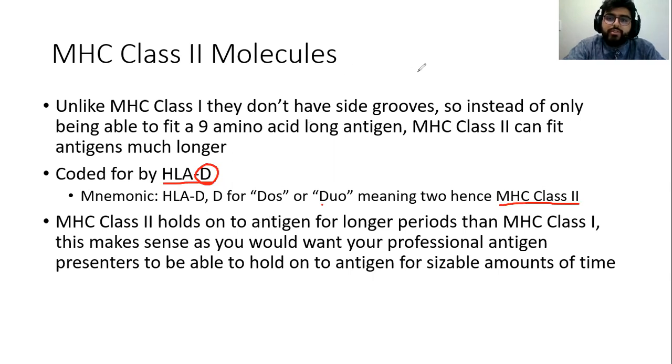And so how do you make structural sense of this? Why is it this way? You have to keep in mind that MHC Class 2 is what the professional antigen presenting cells have. So what does it even mean to be professional antigen presenting? It must mean that you must be pretty good at what you do. And so you can imagine if it can fit larger antigens on its MHC Class 2 molecule than MHC Class 1, it helps in being a professional, right?